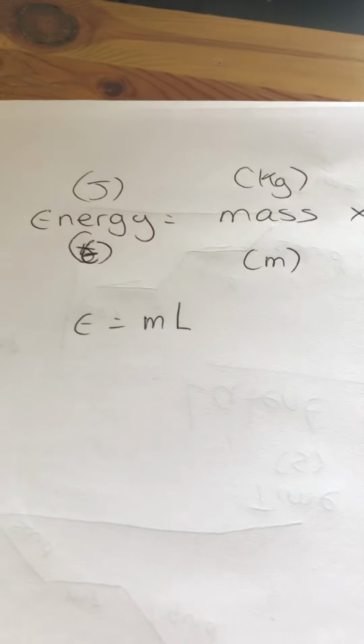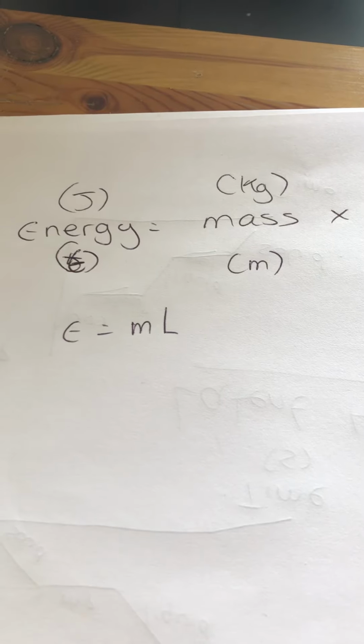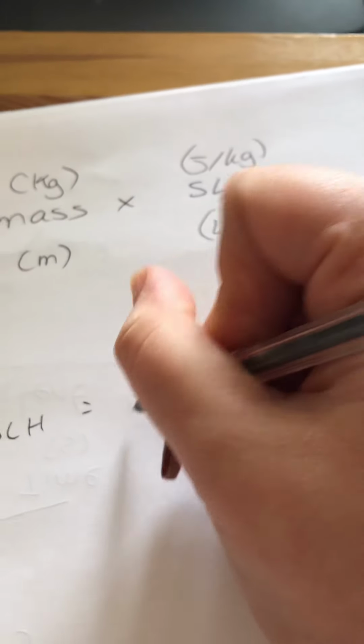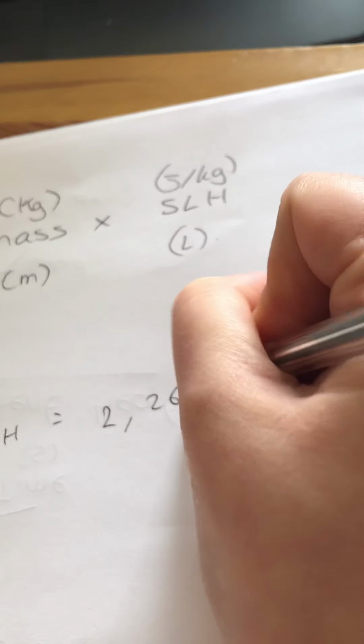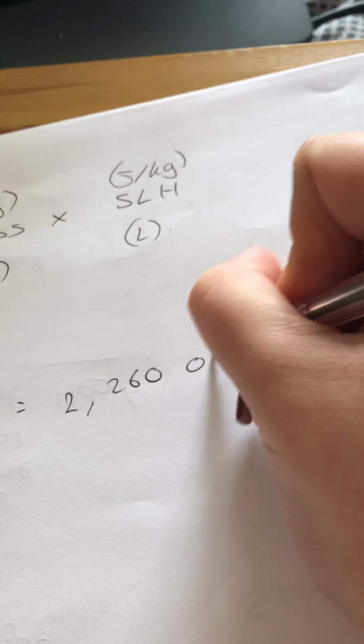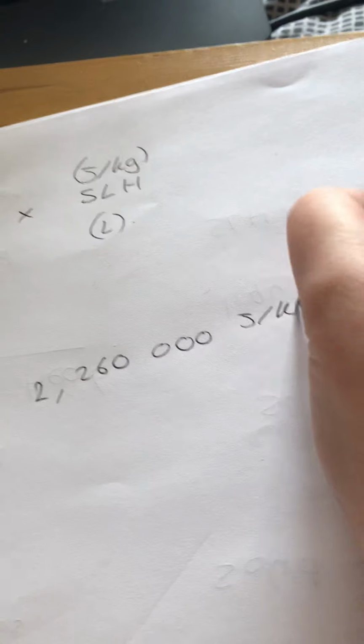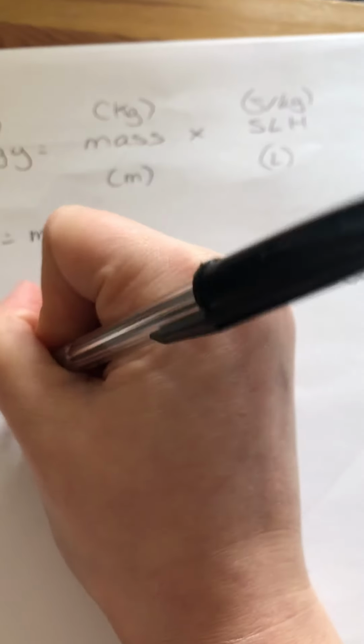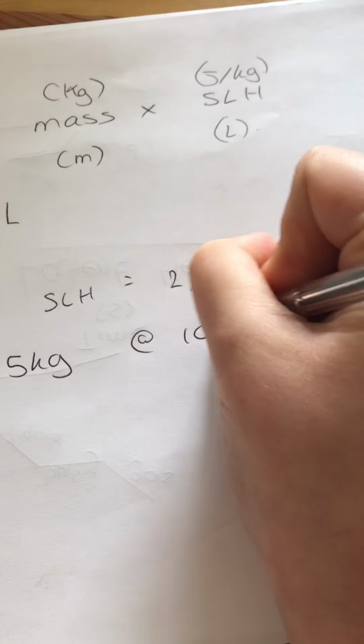Now then, for example, the specific latent heat of vaporization for water equals 2,260,000 joules per kilogram. How much energy is needed to completely boil 1.5 kilograms of water at 100 degrees C?